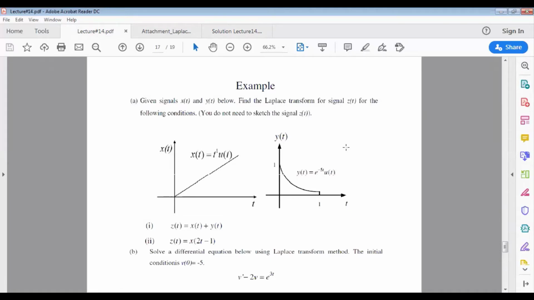From these two signals, you need to find the Laplace transform of z(t). There are two z(t)'s given here. The first z(t) is x(t) plus y(t), and the second z(t) is x(2t) minus 1. We need to find the Laplace transform for both z(t). Let us try to solve these examples.